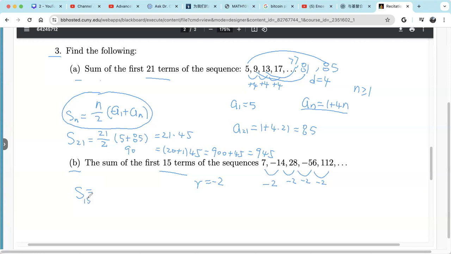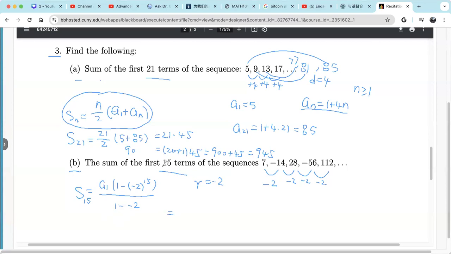S15 equals the first term multiplied by 1 minus -2 raised to 15, divided by 1 minus -2. Remember the formula is a1 times 1 minus the common ratio r raised to n, divided by 1 minus the common ratio r.